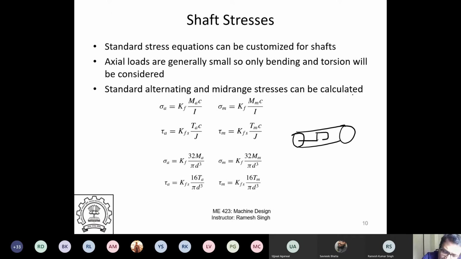It will have some normal component because of bending, right? And it will have a shear component because of torsion. So the stress element will look something like this. It will have bending in the axial direction, so this will be sigma zz if it is the z direction.